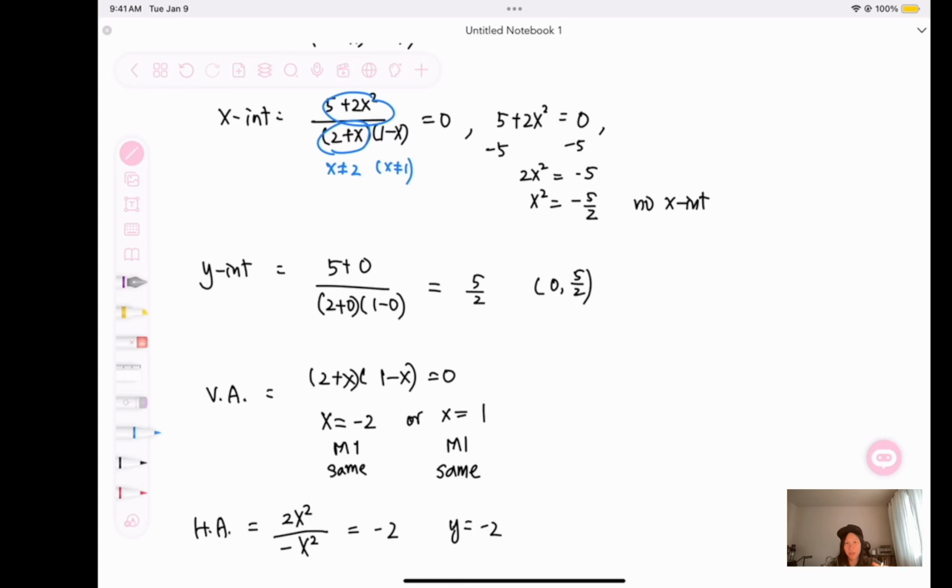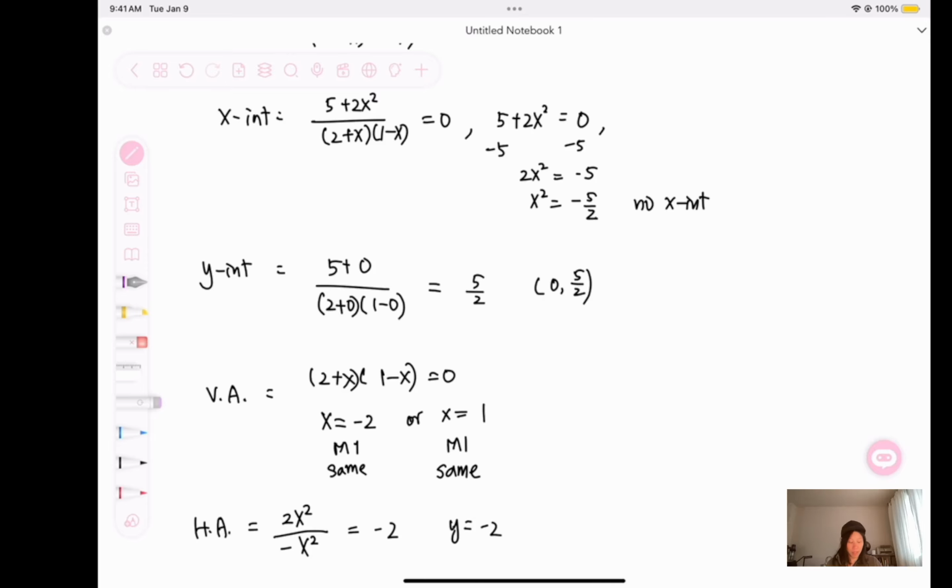If they have the same factor, then that will be your removable discontinuity. So we don't have that. That means we don't have any removable discontinuity. That's why you want to factor the polynomial first, so that you can find the vertical asymptotes and also the removable discontinuity.